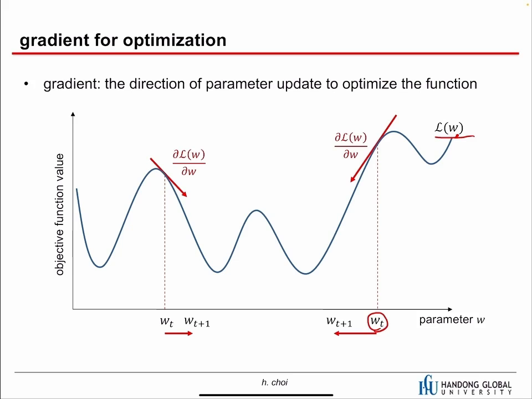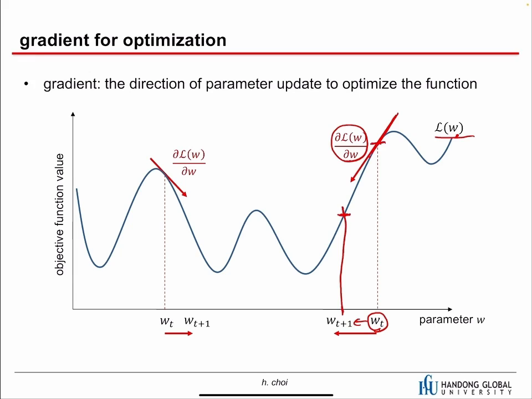Then we can take a derivative. If the derivative is positive, so in this case the derivative is positive, then we have to go to the left side. So we have to move to the left of this w. If we move slightly, then compare this value and this value. From this to this, we minimized this loss function.